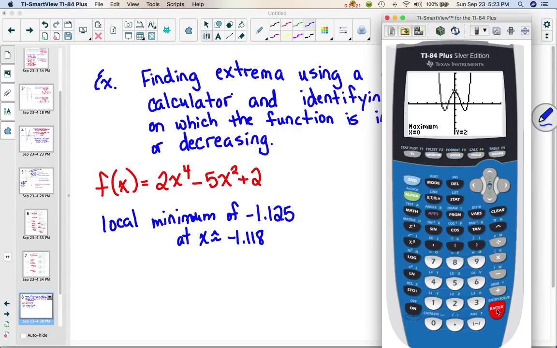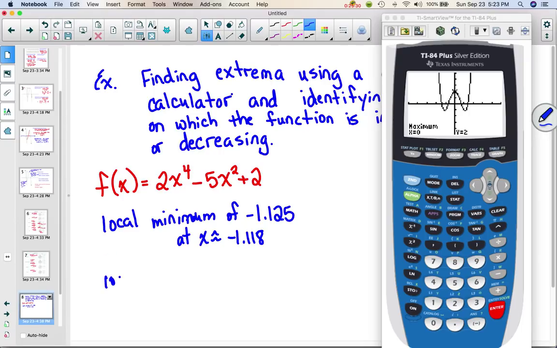And I get a maximum value, and so this one is clearly more exact there. So I have a local max of 2 at x equals 0.